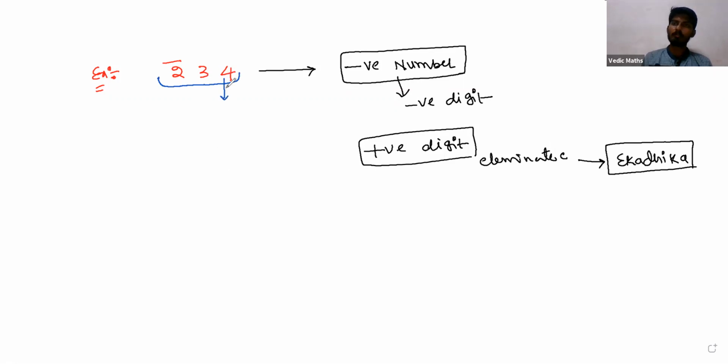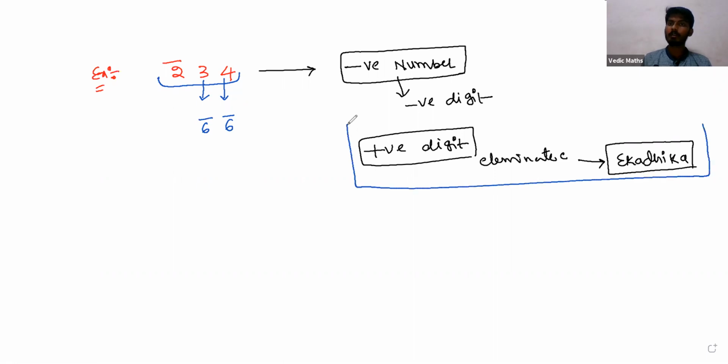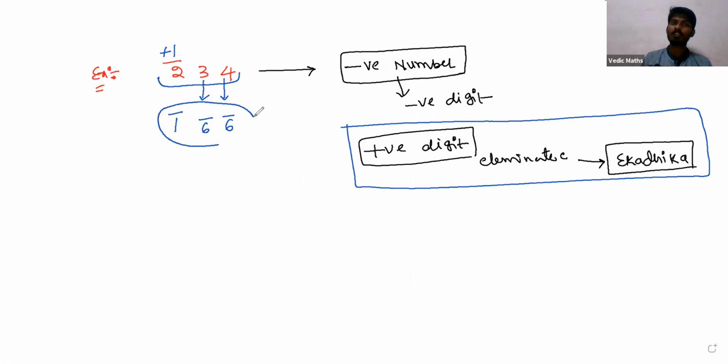We subtract from 10, then we get 6, but we write it negative, because our answer is negative. This is the positive digit; from 9, then you are getting 6 bar. When eliminating the positive digit, we use Ekadhikena, so we add 1 to this number, then you are getting 1 bar. So this is the final answer.